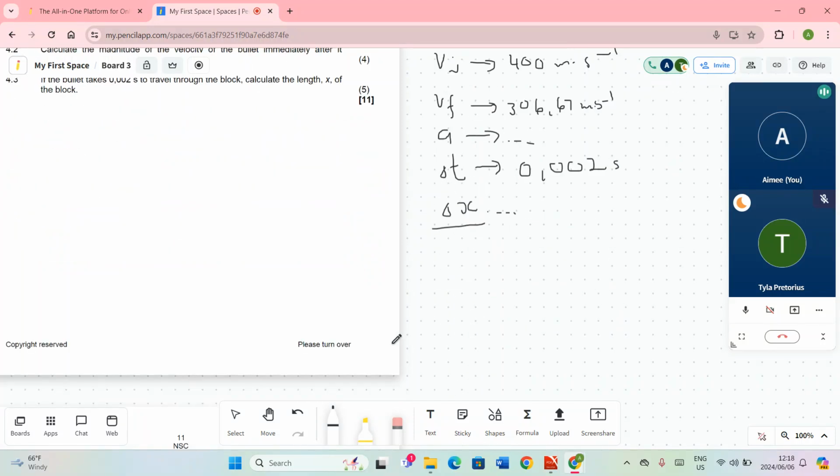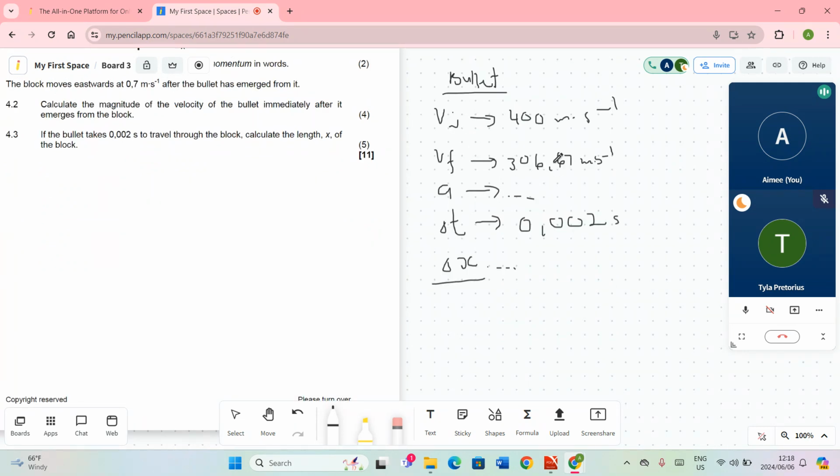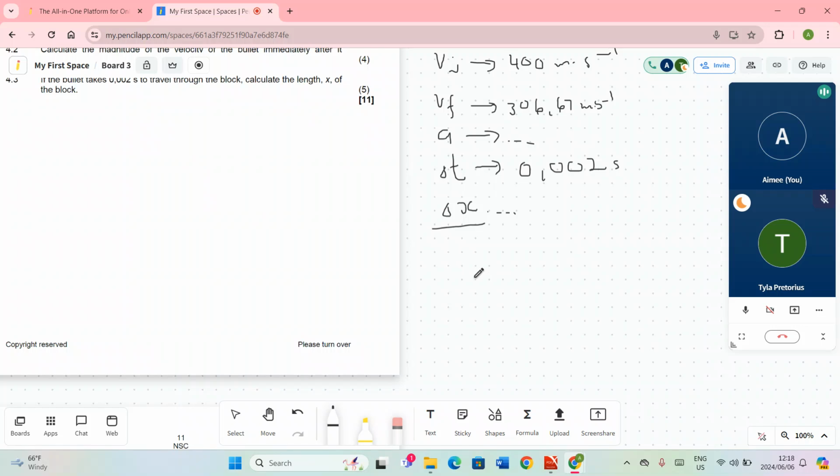So now we go to our equations of motion and we say, okay, which formula can I use, VI, VF, A, and T, in order to get a value for acceleration? And our formula is VF is equal to VI plus acceleration times change in T. So VF is equal to 306.67 meters per second.